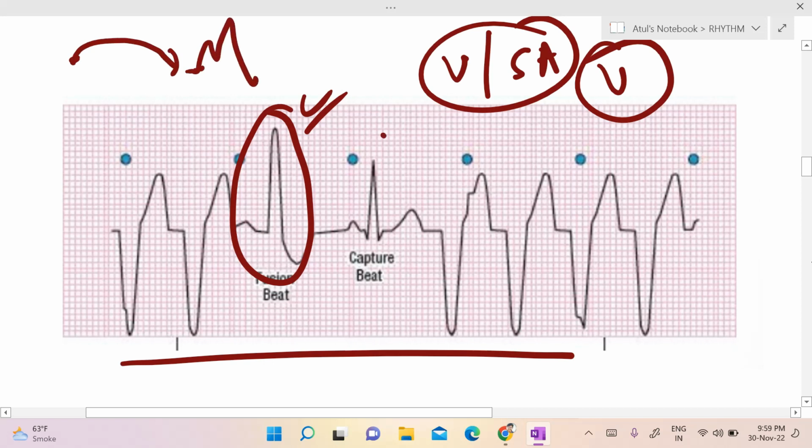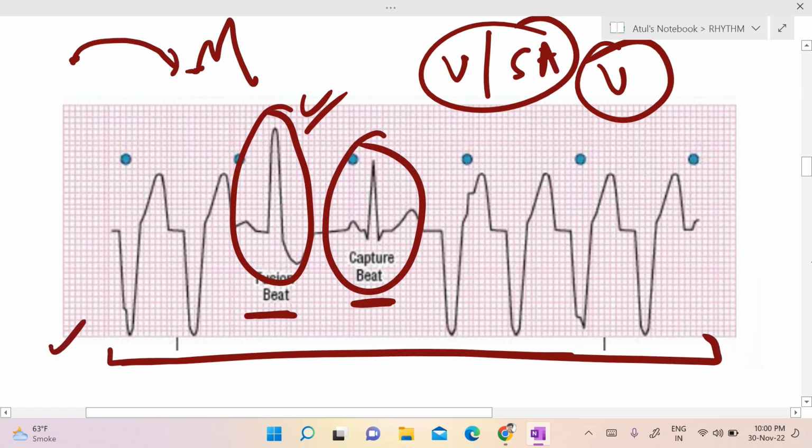So if we can find a capture beat or fusion beat or both in a broad complex tachycardia, it is highly suggestive that it is ventricular tachycardia, not supraventricular tachycardia with aberrancy or bundle branch block with tachycardia. It is ventricular tachycardia. These capture beats and fusion beats are occurring in this ECG.